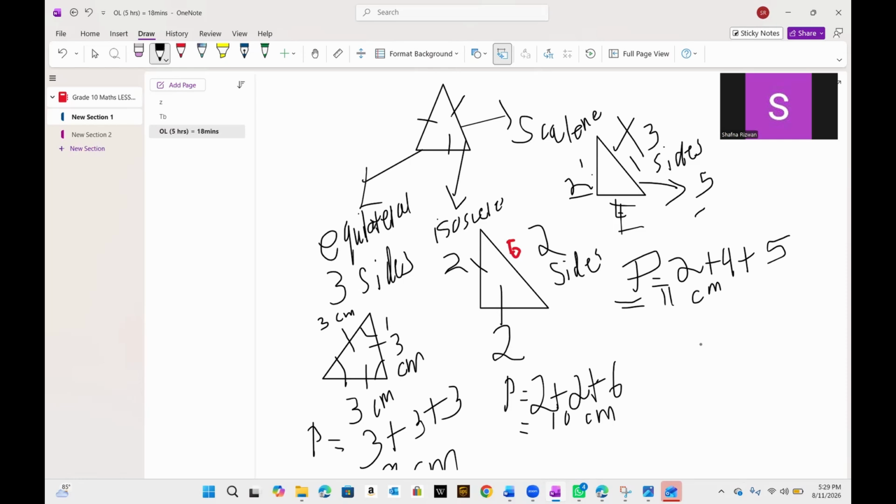To get the perimeter, add all three and get the answer. And when it comes to a scalene triangle, all the three sides are not equal, or you can say all the three sides are different. So if you want to find the perimeter of a scalene triangle, add all the three side lengths they have given and find the answer. Did you all understand?